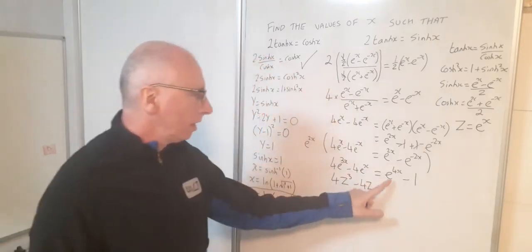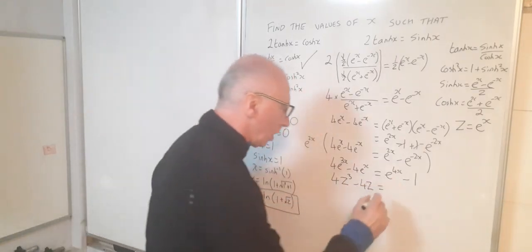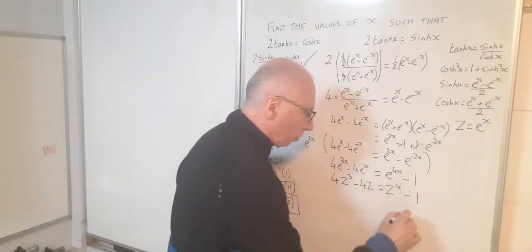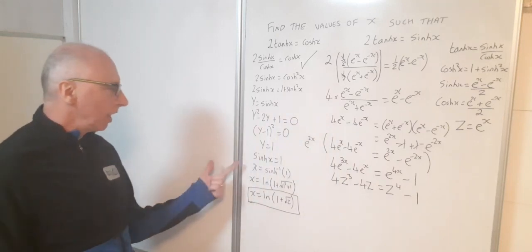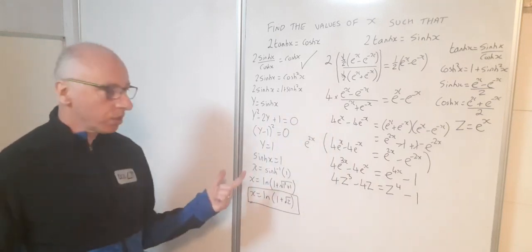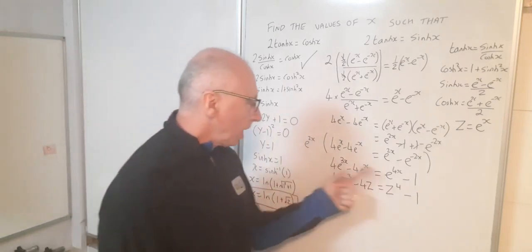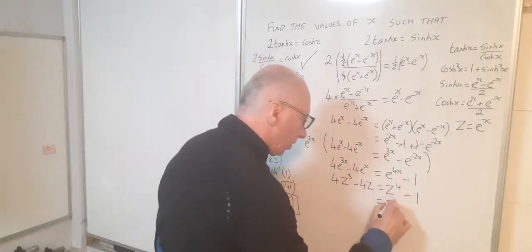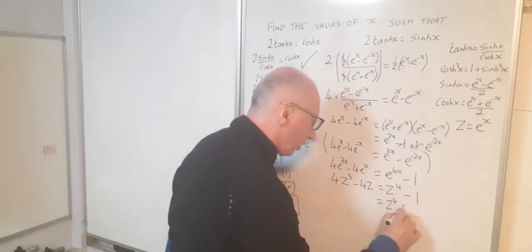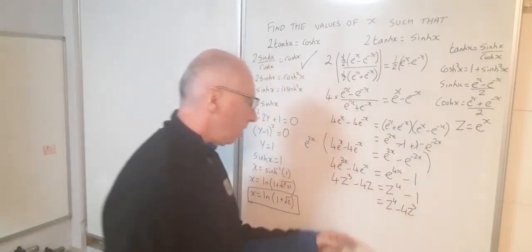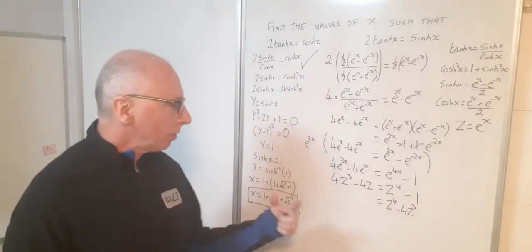And then here, z to the power of 4. And then minus 1. No z needed for that one. So now I can do the same as I did here, get it all on one side and see if I can solve this equation. So bring everything over. I've now got z to the 4. The z cubed, bring that across, so it's minus 4z cubed. The 4z can come across, that gives me plus.